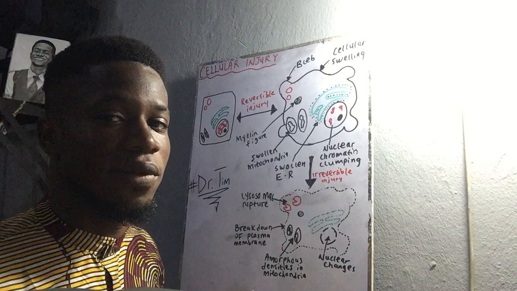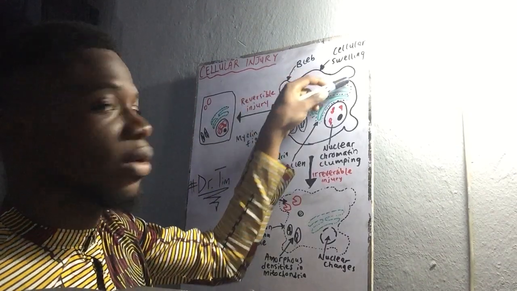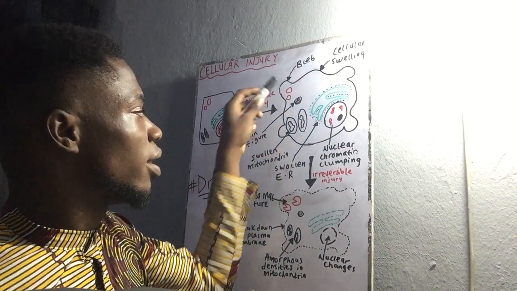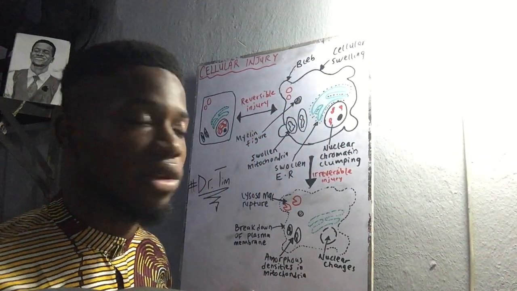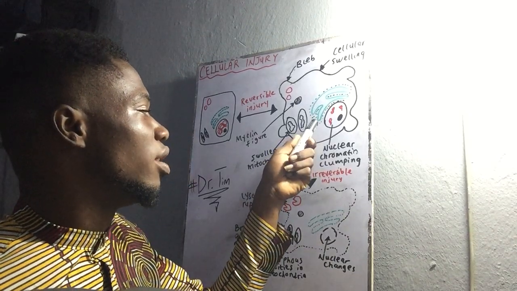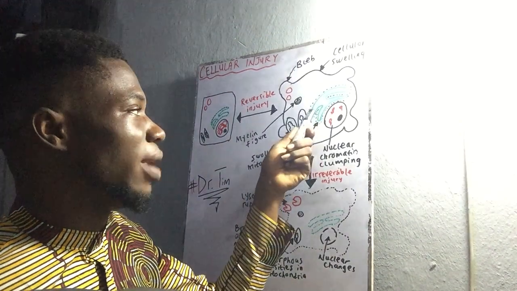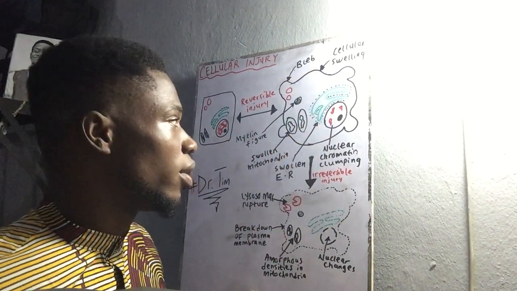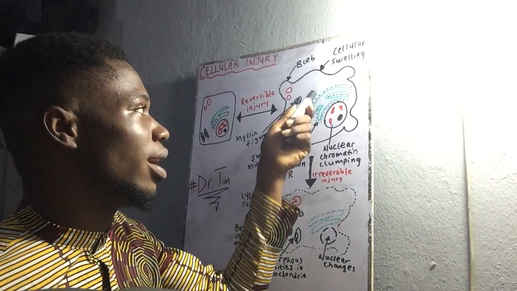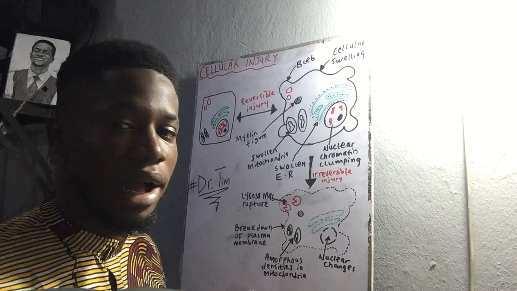Then the next thing that happens is that cell organelles too will begin to swell. The endoplasmic reticulum will swell, and not just swell, it will also lose its ribosomes. You can see I tried indicating that here. Its ribosomes will be lost, and then the mitochondria will also swell as well.